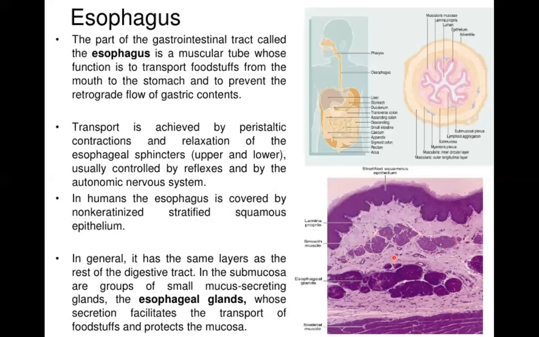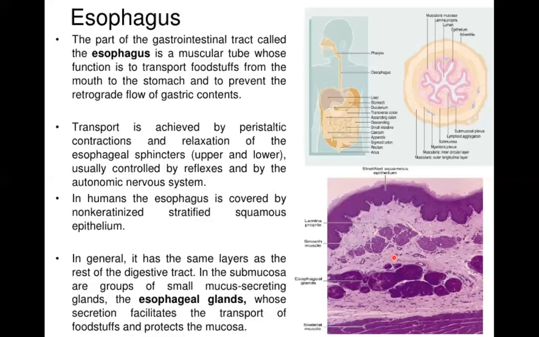When we come to the submucosal layer, the underlying layer, we will find it also contains glands. Here they are called the esophageal glands proper. We said that in the submucosal layer we will not find glands except in the esophagus and in the duodenum. When we get to the duodenum we will mention them again, and they will be called Brunner's glands.